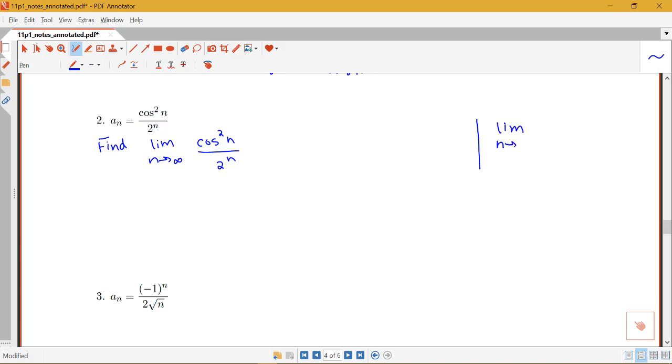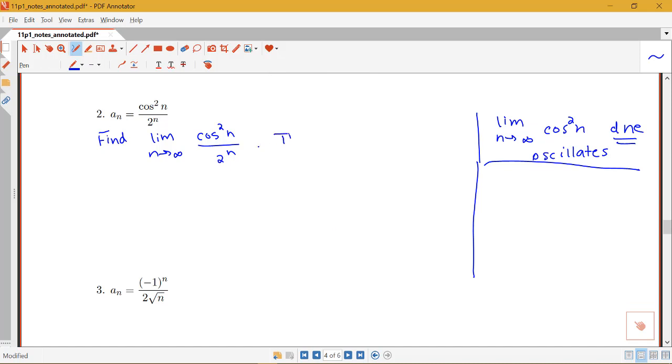Well, the limit as n goes to infinity of just this numerator, cosine squared n, doesn't exist, because cosine squared n oscillates. So I can't just find this by doing the limit of the numerator or the limit of the denominator. But we do have some really nice properties of our cosine function that show it's always bounded between some values. So the squeeze theorem is going to be helpful in this example.